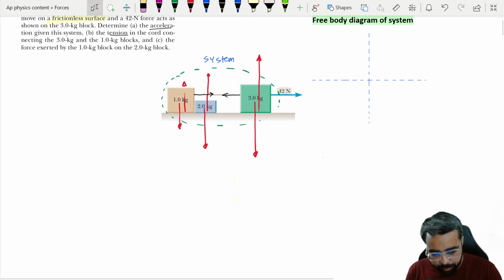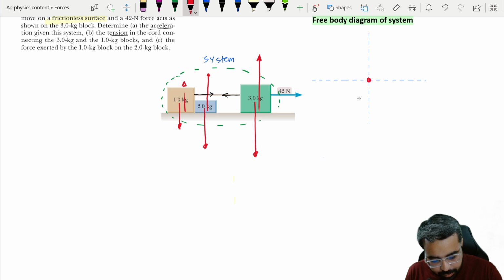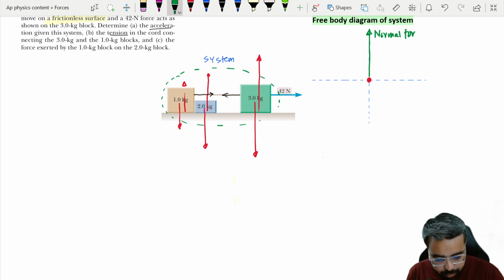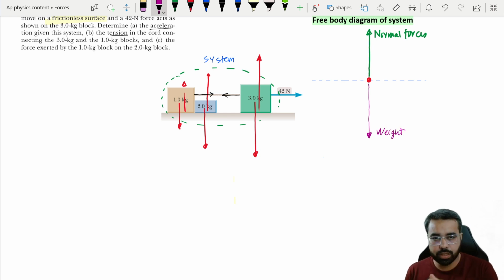So in the free body diagram, I'm considering this as our system. If I show just one arrow upward, it means the sum of all normal forces exerted on the 1 kg, 2 kg and 3 kg blocks. And I will draw the same length of arrow for the sum of all weights, the gravitational forces of the 1, 2 and 3 kg blocks.